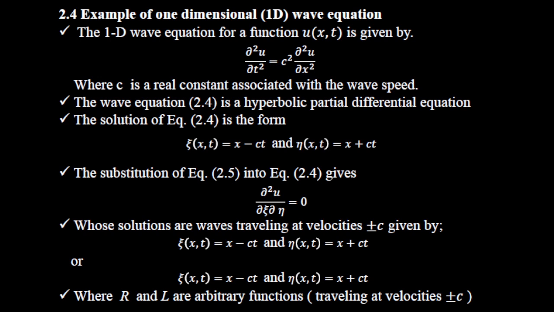You see, R and L are arbitrary functions, and they are traveling with what? Velocities. The velocities they are traveling with, you can say one is plus c and one is minus c. That is what we can get.